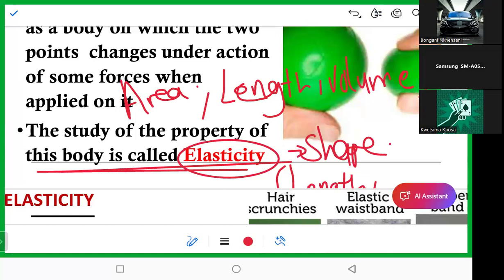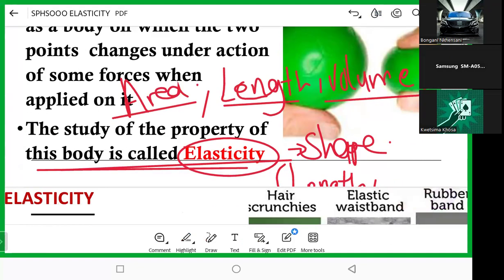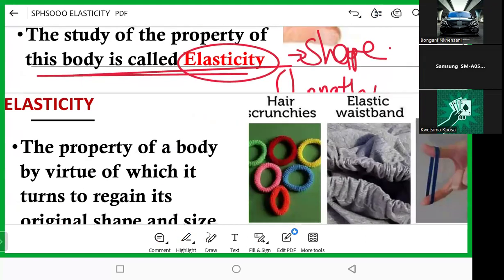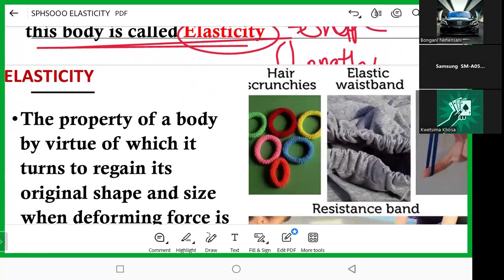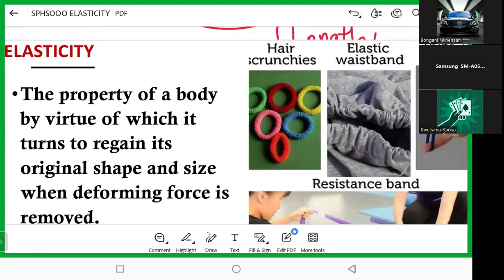Let's talk about the length, the volume, and the area. That's why we're going to have different types of moduli, and I'll explain them.